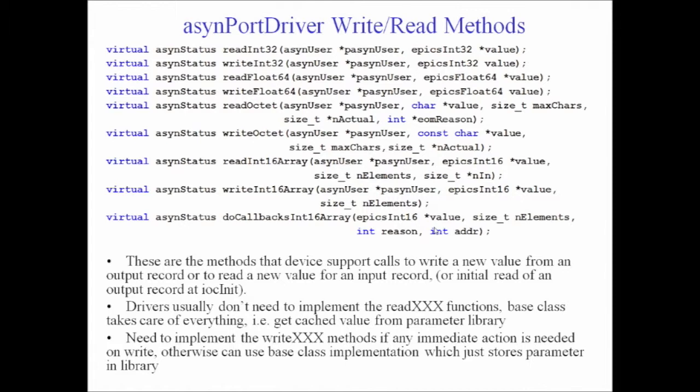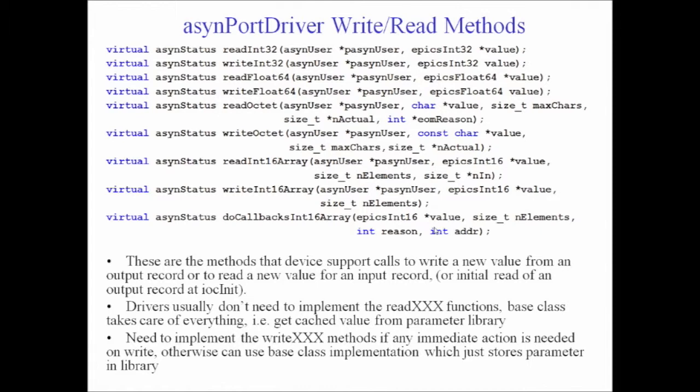The base class implements, for instance, readInt32 to just return the value from the parameter library. And that's often sufficient. That's all you need to do. So you often don't need to implement the read functions because the base class function does what you want. It just means that if the record is scanning at 10 hertz and reading the value, it's just going to get the latest value from the parameter library.